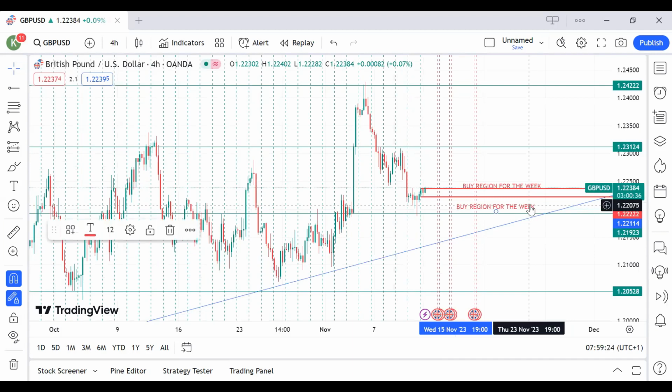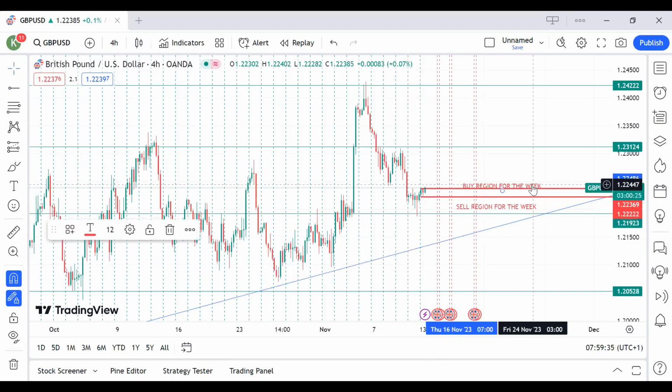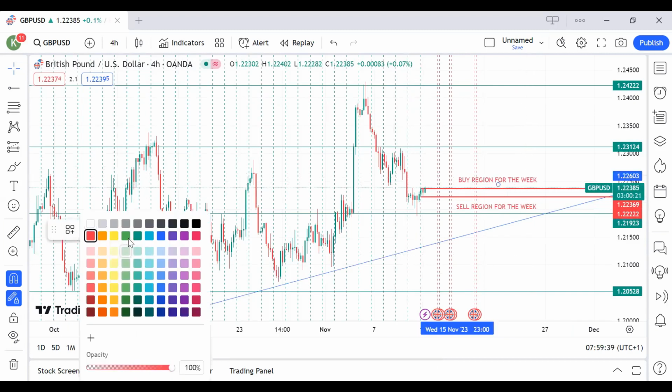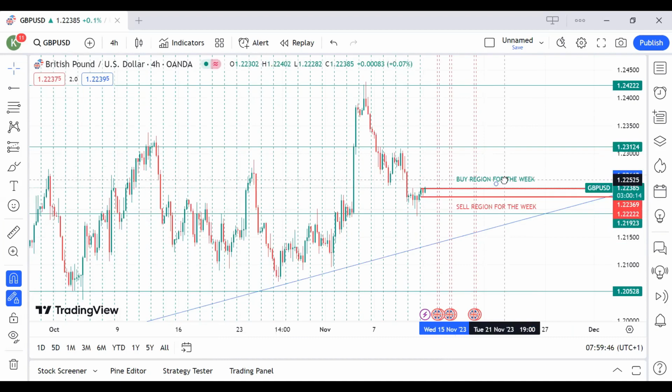So the up is the buy region for the week, and the down is the sell region for the week. So this up will just be here, and we're going to change it quickly to green. All right, that's it. So put this here.